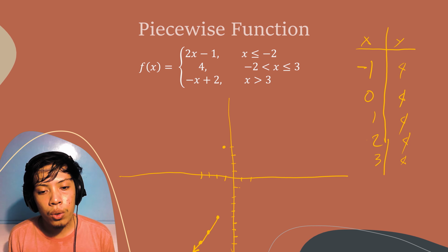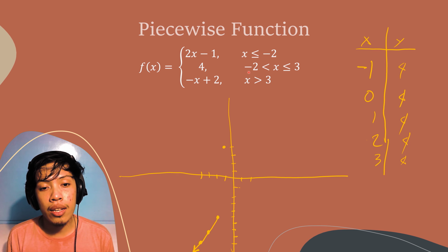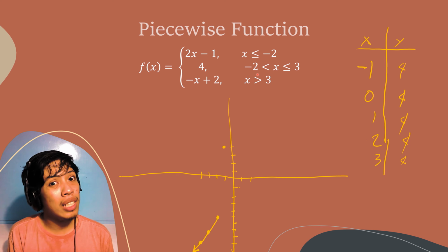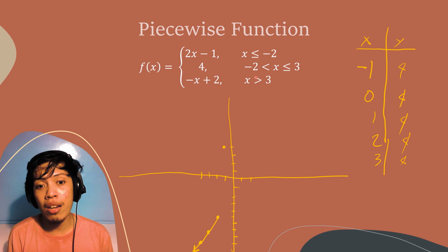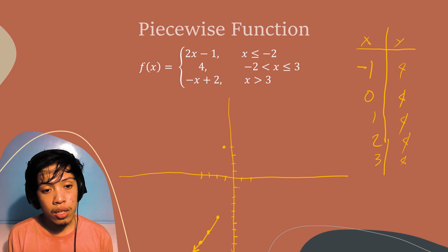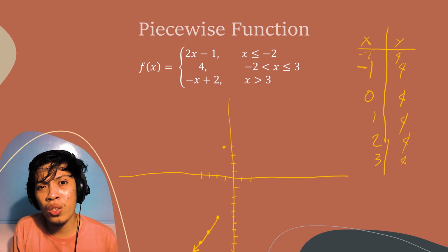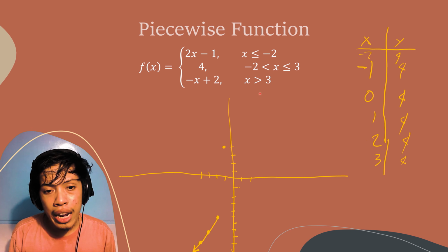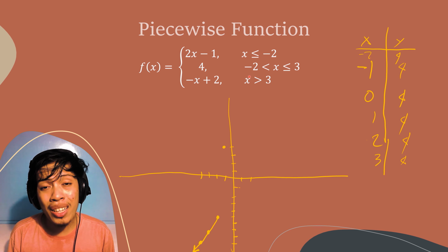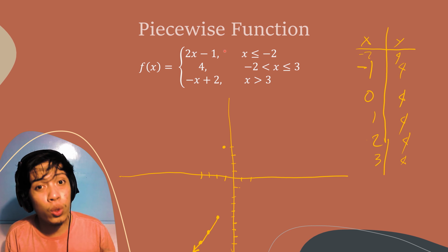But take note that your criteria here says that x is less than negative 2. So technically, you will start at negative 2, but negative 2 is already excluded. So when this is negative 2, this is 4, but negative 2 is excluded already. For the second line, your x would start at negative 2, but negative 2 is excluded.